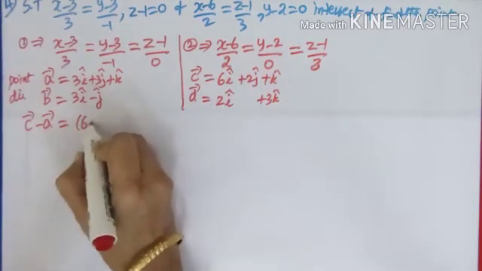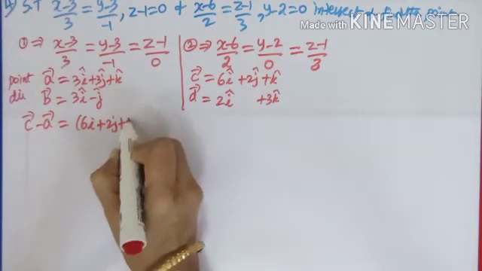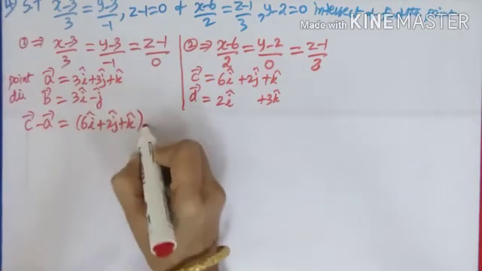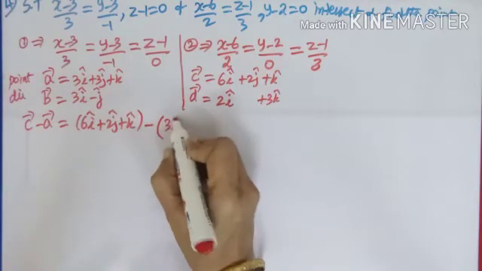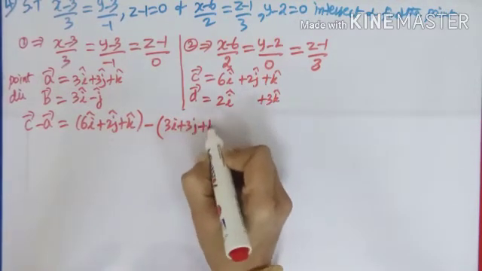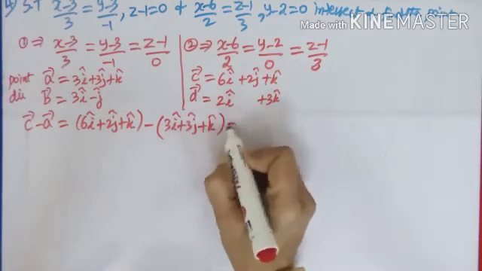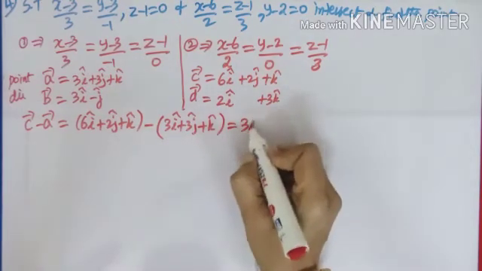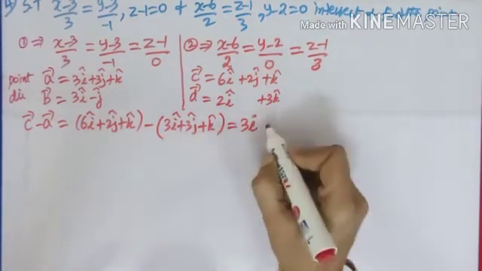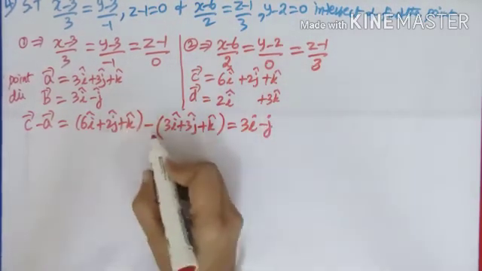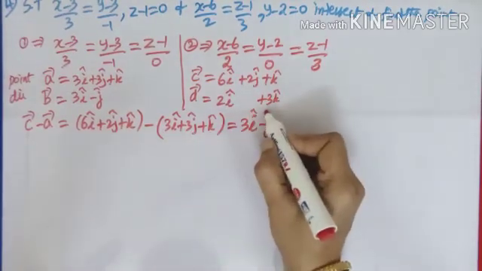C vector 6i plus 2j plus k minus A vector 3i plus 3j plus k. Subtract: 6i minus 3i is 3i, 2j minus 3j is minus j, k minus k is 0.